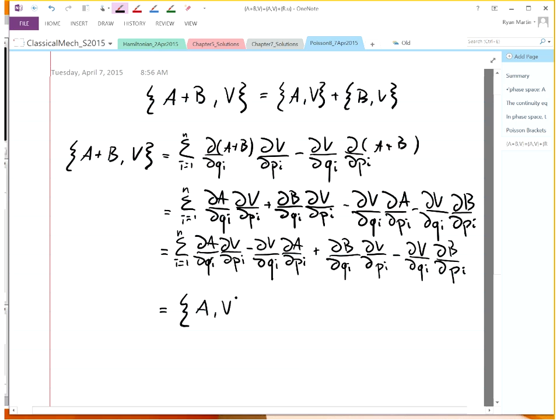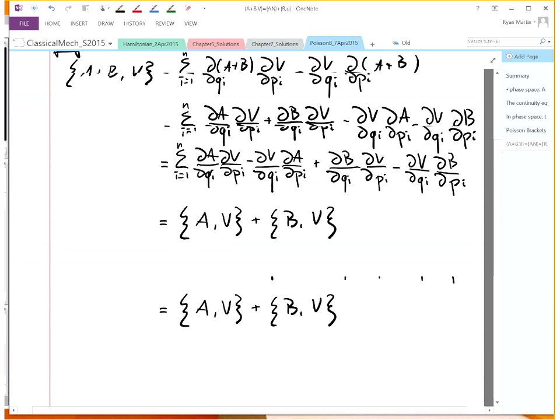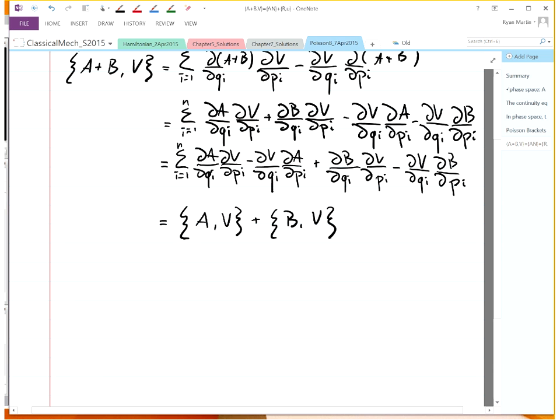And so there, now it should be obvious. The first two terms are the Poisson bracket of A and V, and the second term is the Poisson bracket of B and V. I'm not going to prove these, I'm going to write them down because we're going to use them.